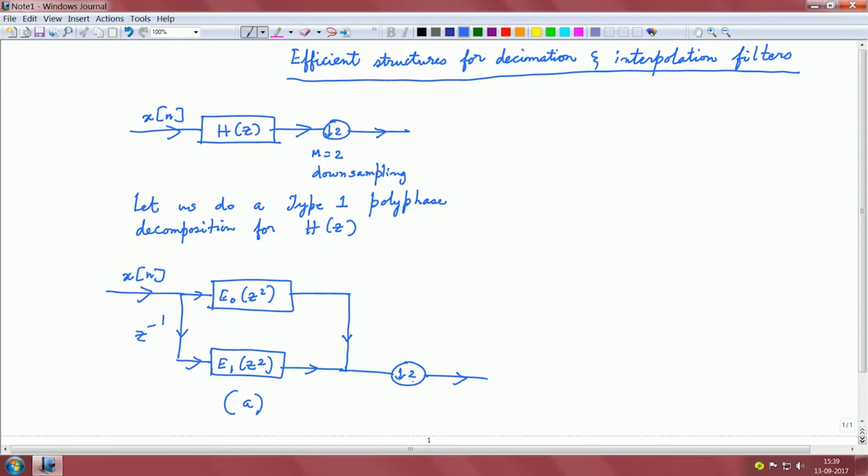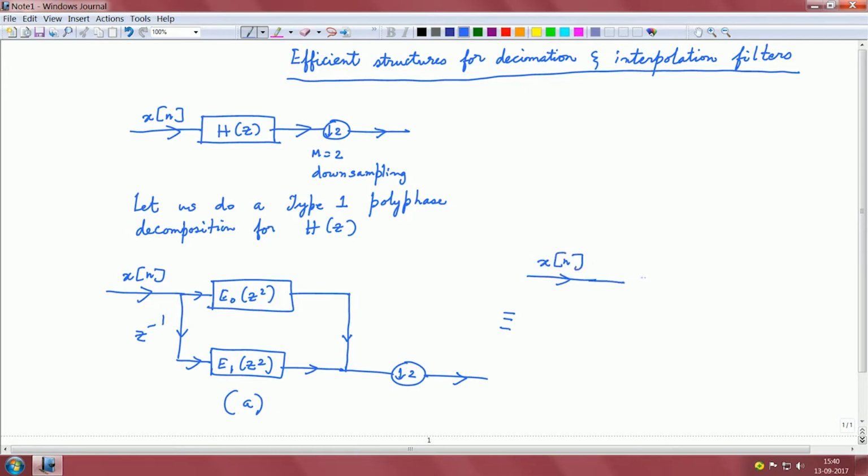So, let us see if we can bring this downsampler into each of the branches here, right. So, this is equivalent to the following structure.